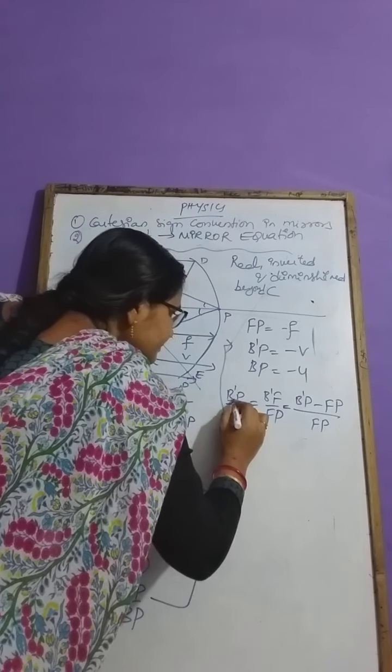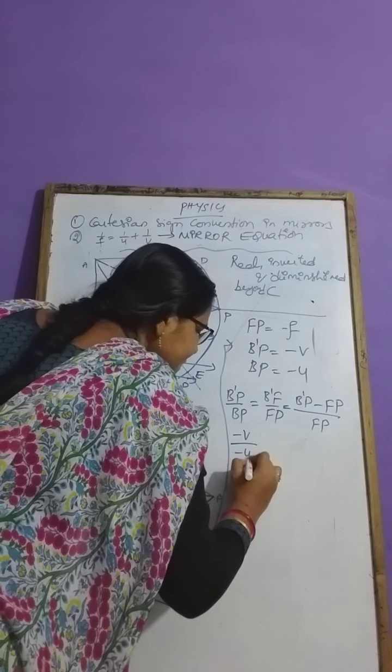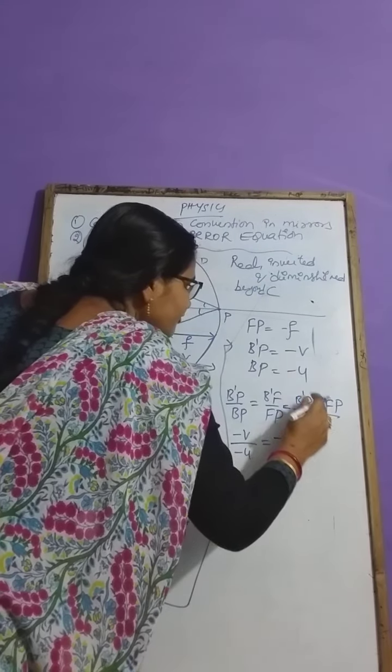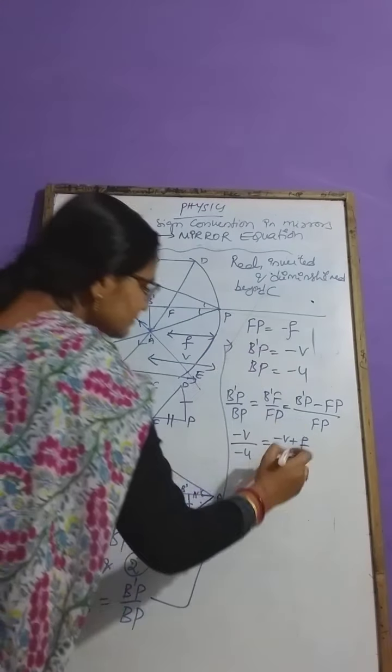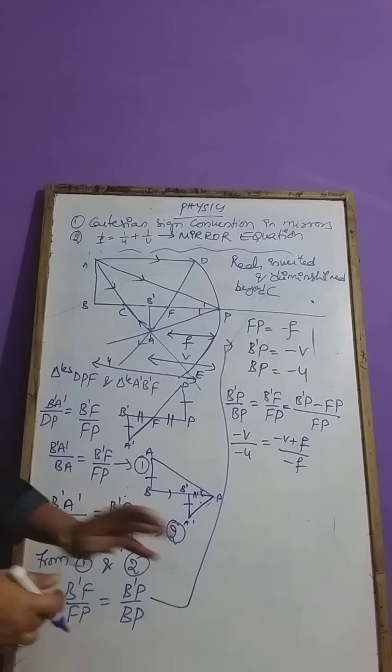So B dash P is minus V, BP is minus U. What is this B dash P again? Minus V. FP is minus F, so minus of minus plus F, by FP, which is minus F. Clear? We substituted directly.